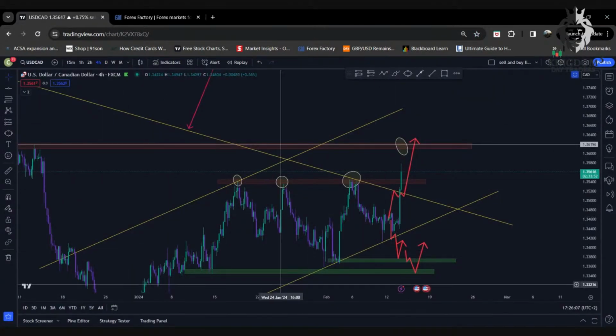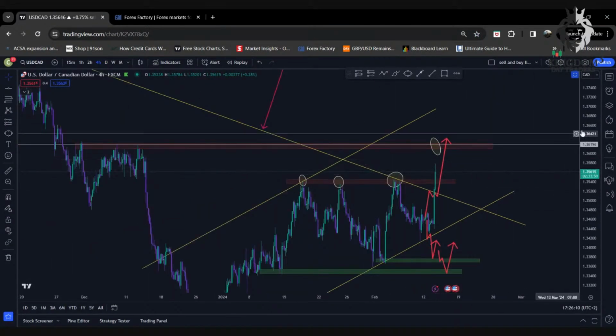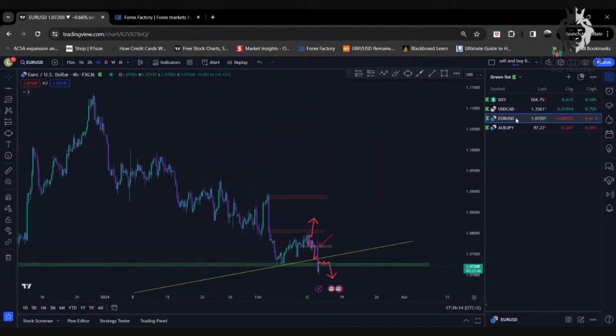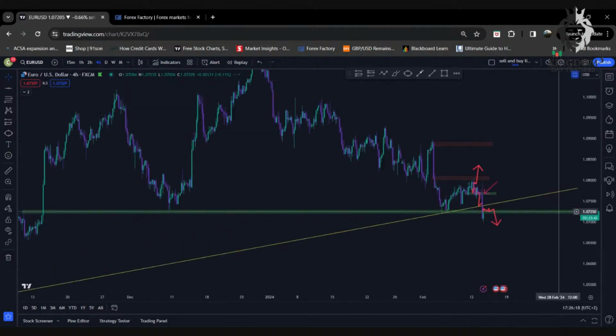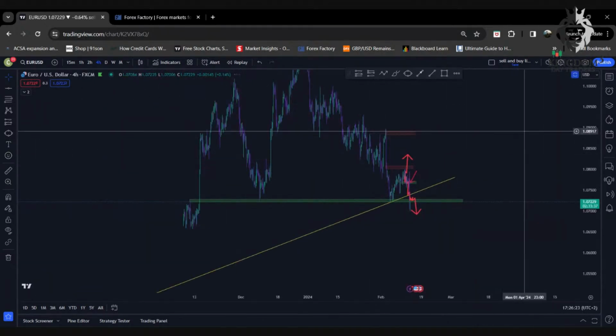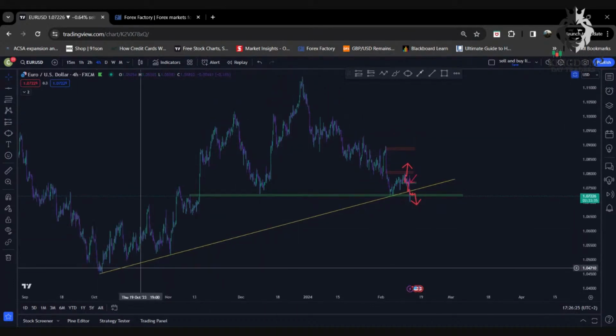And so if we go back towards that, right, we can even now go to the Euro USD. Now I have said that the Euro USD, and before I go there, it is in an uptrend, right?